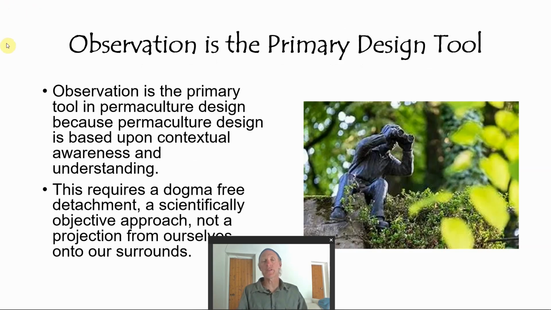So observation is the primary tool in permaculture design, because permaculture design is built on information. Right? It's based on contextual awareness and understanding. And so this requires us to take a scientific approach. And when I say scientific, I mean an approach that is free of dogma, free of imposition.